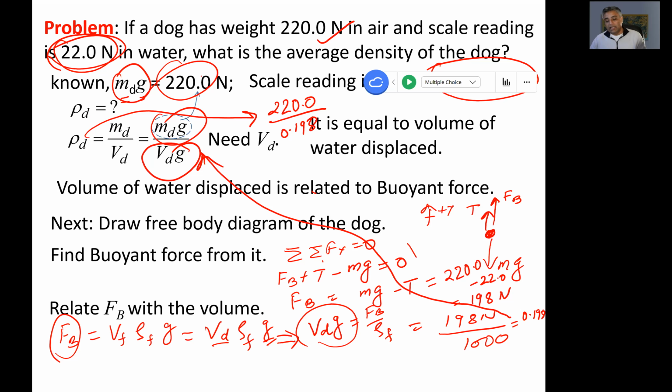So are we getting a number larger than 1000 here? Density of dog must be larger because it was sinking. Okay, and we hold it by attaching a string and scale, let's say. So it better be larger.